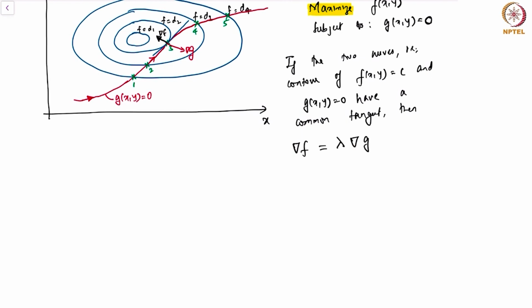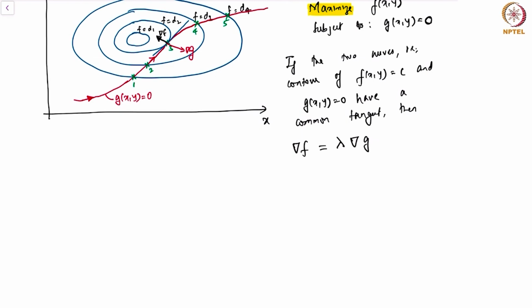Why do we have a constant lambda? We have a constant lambda because the gradient of f and gradient of g need not point in the same direction and need not have the same magnitude. They have the same overall direction in the sense that they are either pointing in the same direction or in opposite directions, but they need not be of the same size. So the gradient vectors are either parallel or anti-parallel to each other.